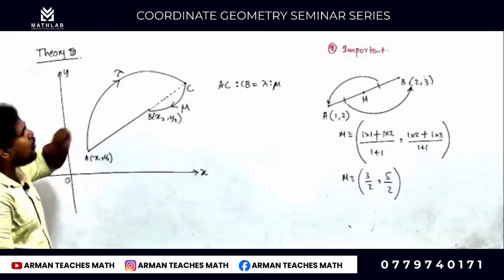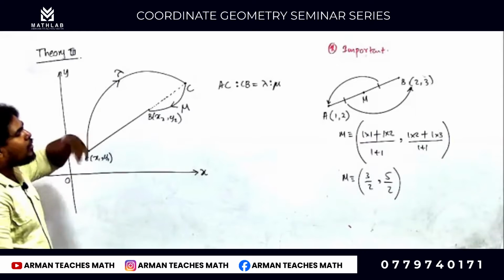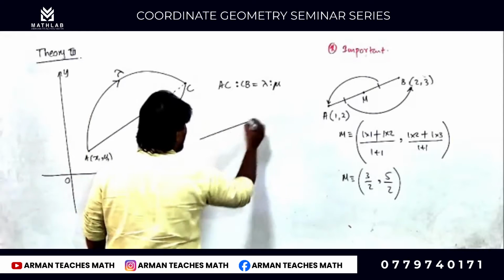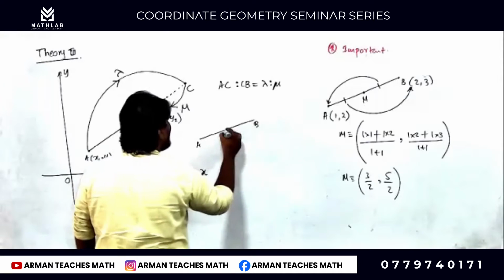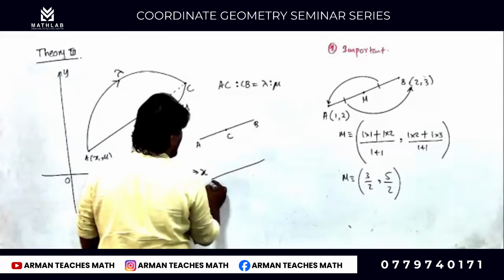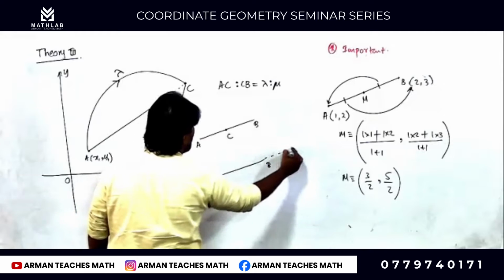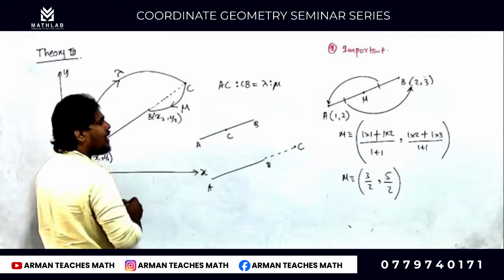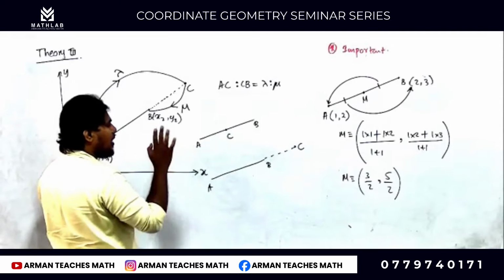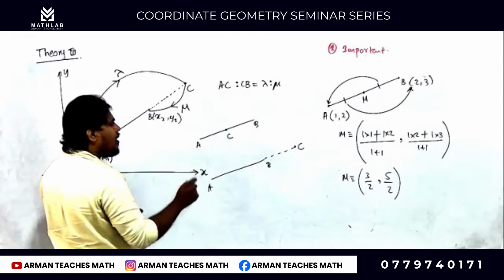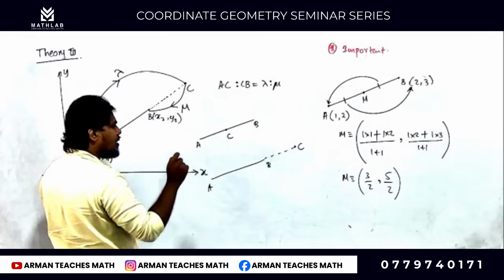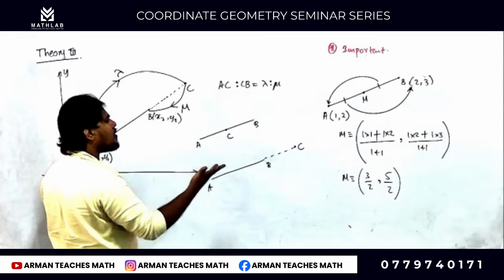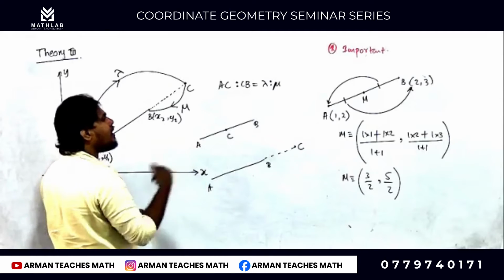Okay, let's assume that you don't know. Now remember, from today you must remember this. If a straight line segment is divided internally or externally, that doesn't matter. If a straight line segment is divided at a certain ratio, either internally or externally, how do we get the ratios?